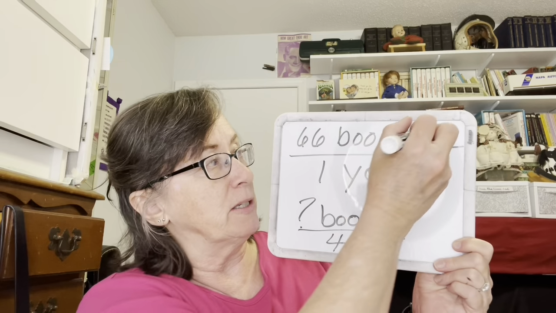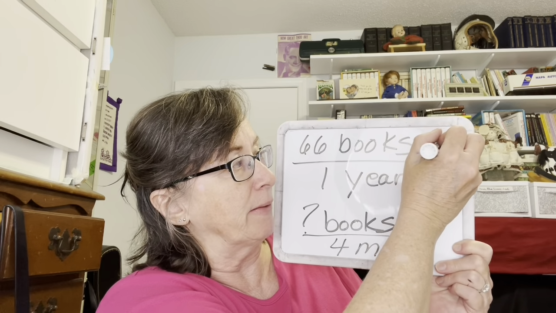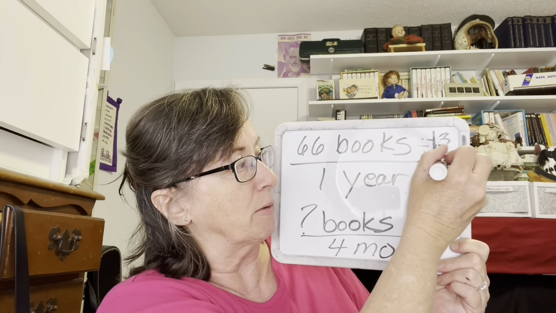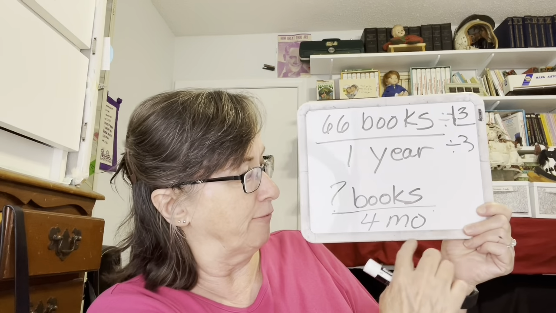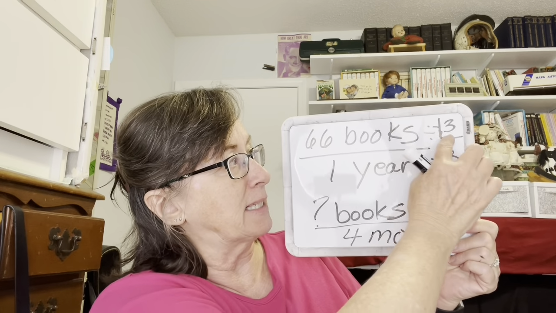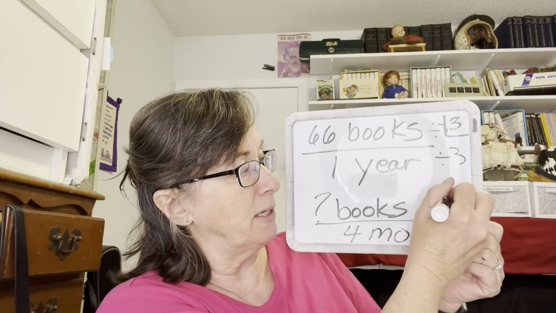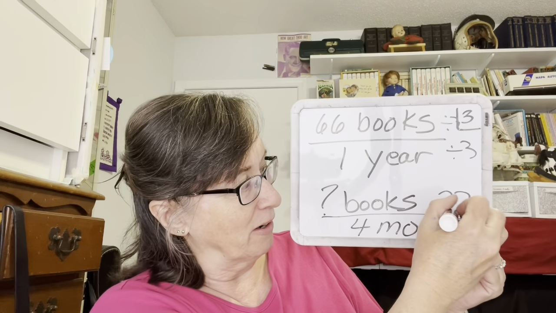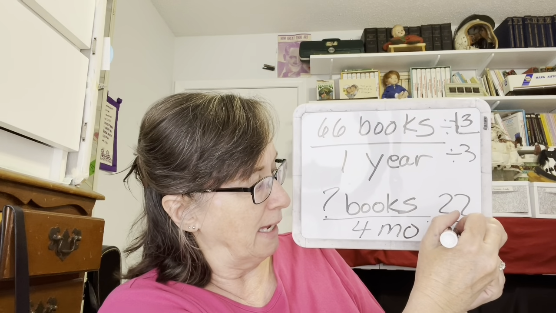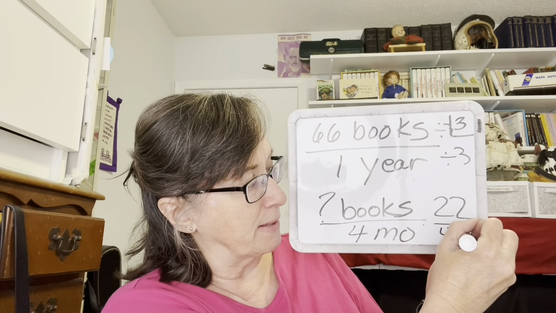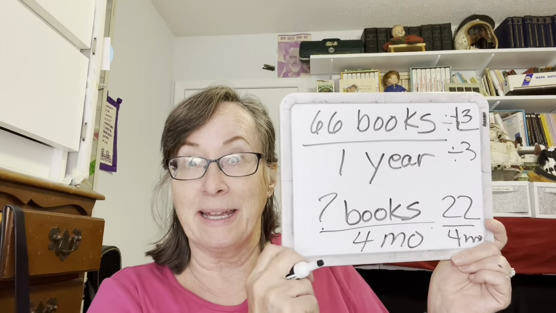So we're going to divide by 3 on the top and divide by 3 on the bottom. 66 divided by 3 is 22 books. So he would read 1/3 of them by 1/3 of the year, or 22 books in 4 months. That was number 3.